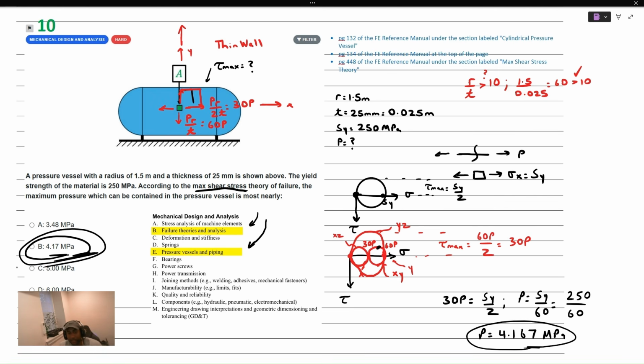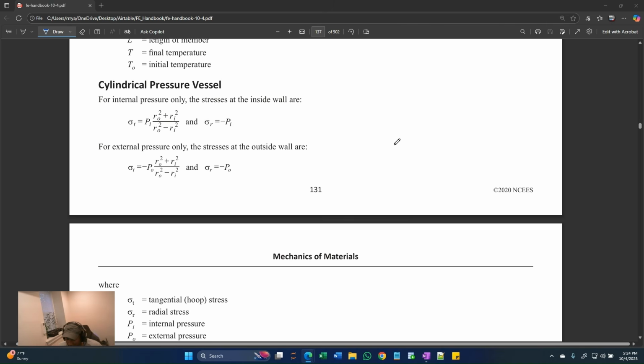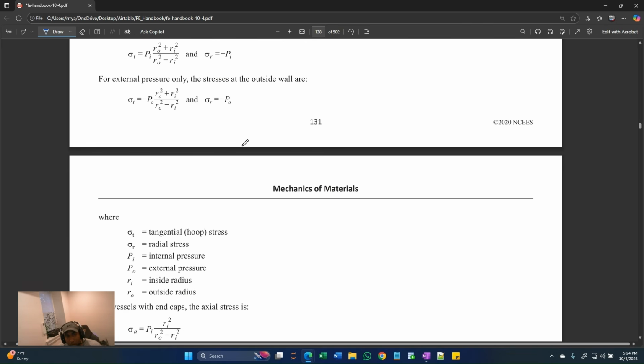Let's go ahead and check inside the reference manual to see where we can find some of this important information that we can use to solve the problem. All right, so you can see the first reference over here on page 131 and 132 of the reference manual on cylindrical pressure vessels. And for our case, we had a simplification, so it's not quite these formulas over here. This is for when you have a thick wall pressure vessel or the thin wall assumption isn't satisfied.